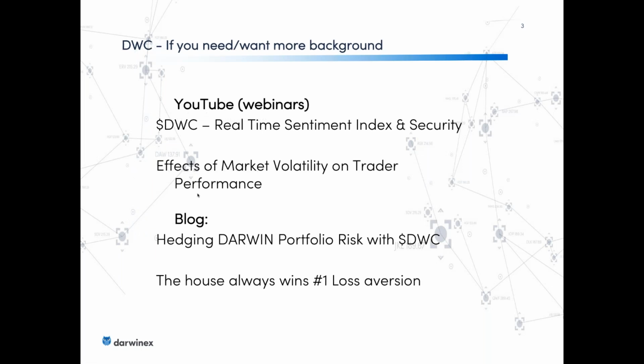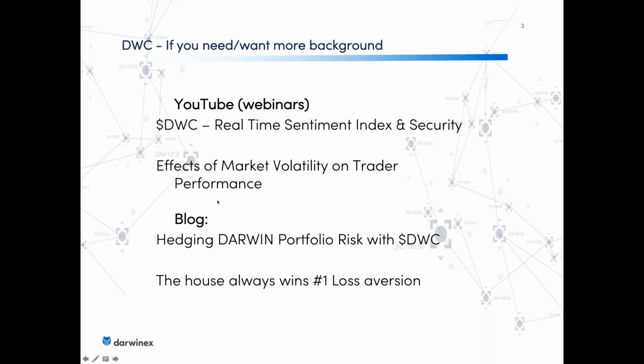I will assume, however, that you do know a bit about DWC already, because we have written quite extensively about it. If you want some more background, you can go to our YouTube channel, where this webinar will also be uploaded, and search for DWC Real-Time Sentiment Index on Security, and also the effects of market volatility on trader performance, which are both related to DWC.